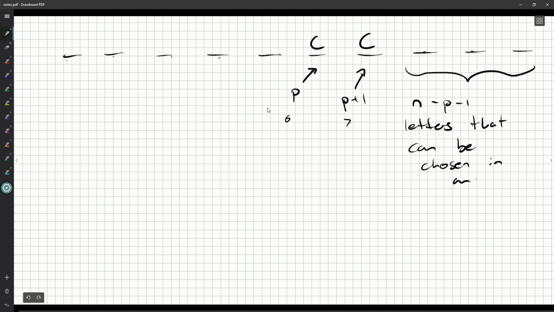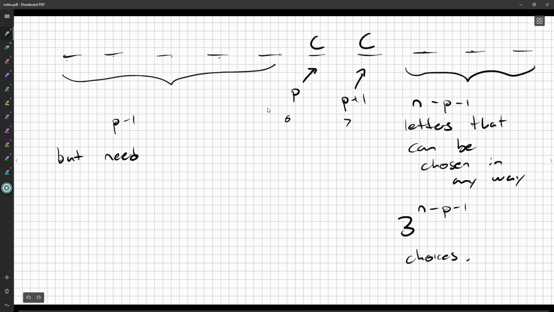That can be chosen in any way. We don't care what those letters are. They could all be C's, they could all be A's, they could be some combination of A's, B's, C's, doesn't matter. So there's 3 to the n minus P minus 1 choices. All right, and then there's P minus 1 things to choose here.